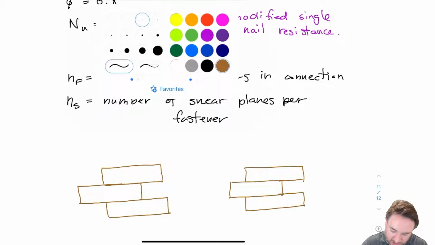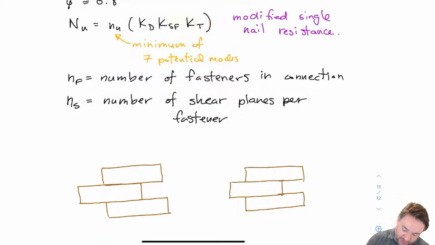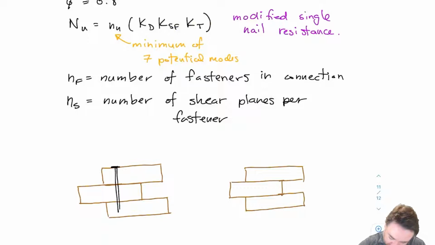Okay, so a 3-member connection doesn't mean I have 3 members. It's counterintuitive. A 3-member connection by definition means that each nail is connecting all 3 members. So if I have a connection that looks like this, I have my nail going all the way through 3 members, and the next nail might be nailed from the other side, or could be nailed from the same side.